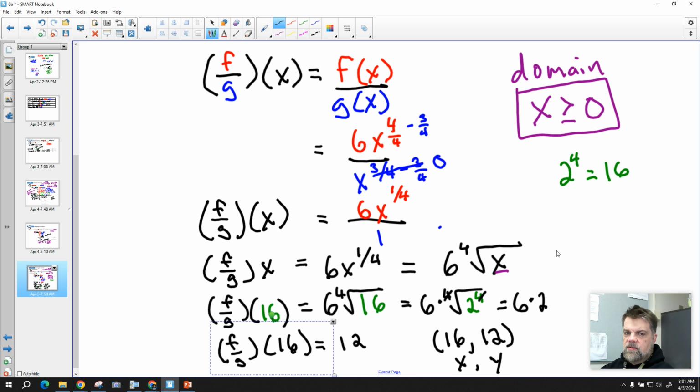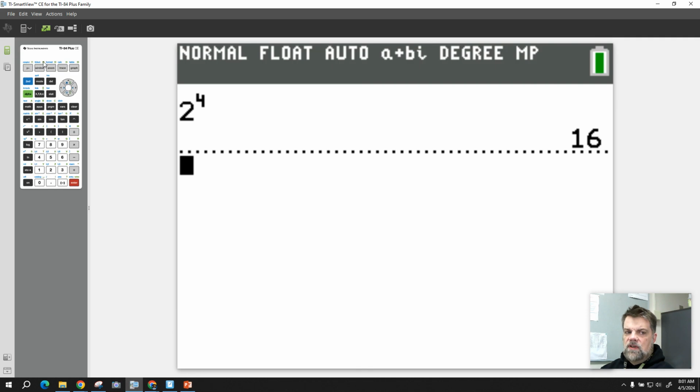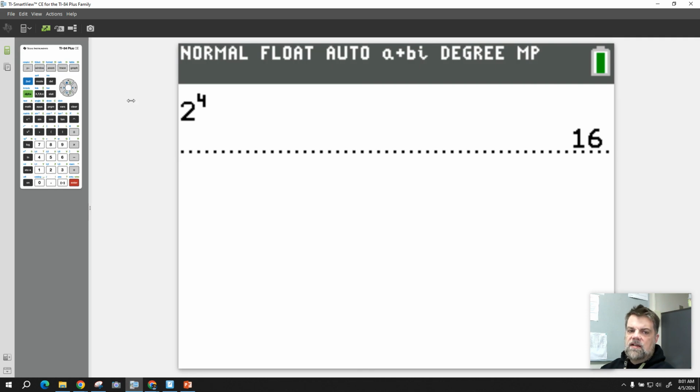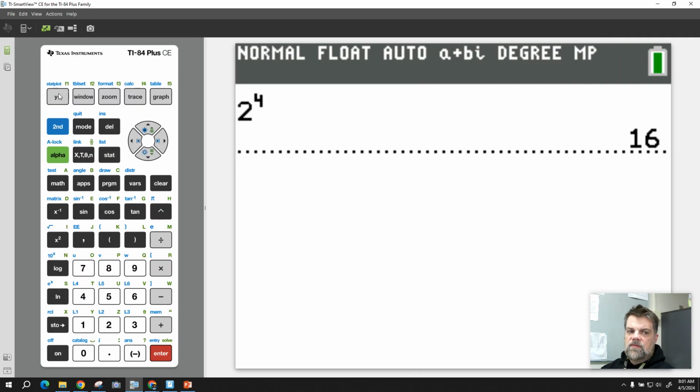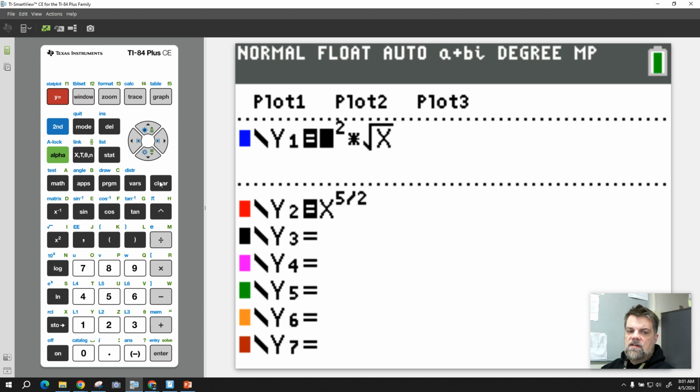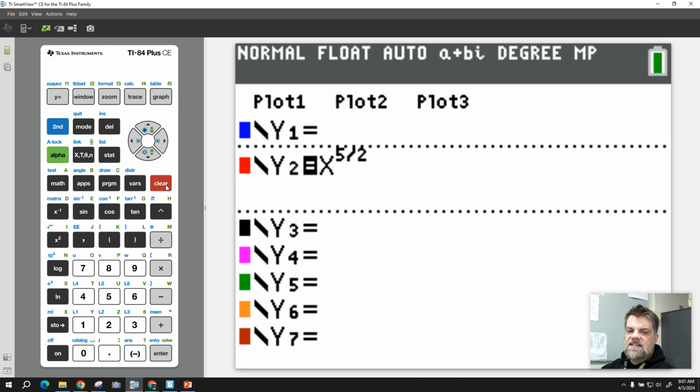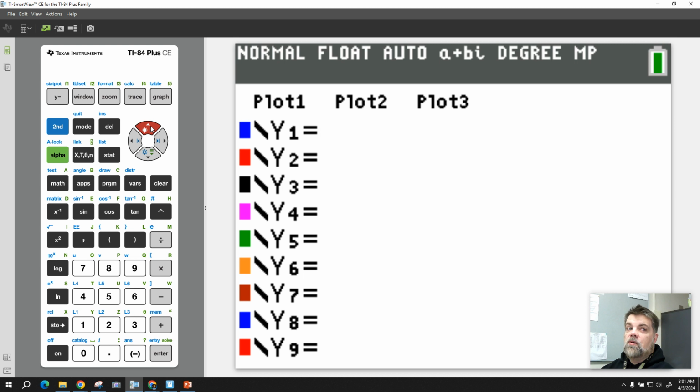Alright, let's double check this, okay? So I'm going to take my calculator, and let me show you how to do this. Turn on your calculators, go to y equals, clear all this out. And you'll want to do this now. Don't wait until the test to try to figure it out, because you'll put it in the calculator wrong. The calculator will give you an answer. It just won't be correct.